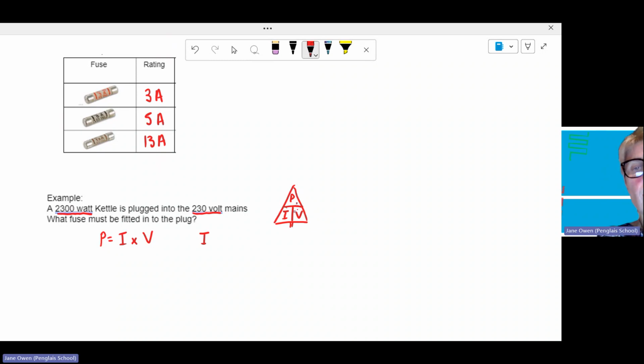So the current is power divided by voltage. If you're looking at it in terms of this equation, then the current is times by the voltage, so when you take it over onto the other side, it becomes divide. So power divided by voltage equals current. And you've got the same equation as if you did it by the triangle method.